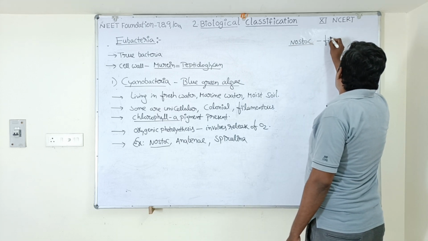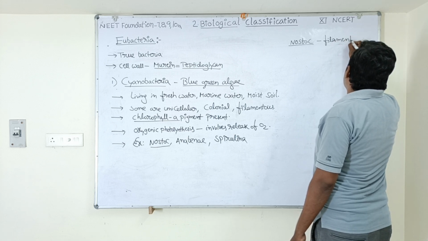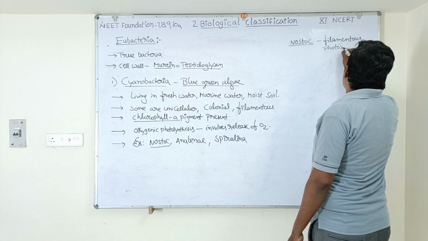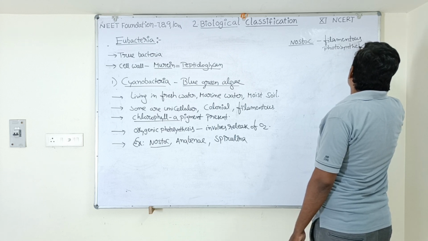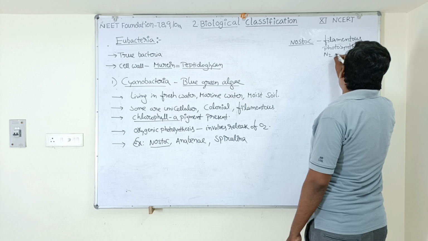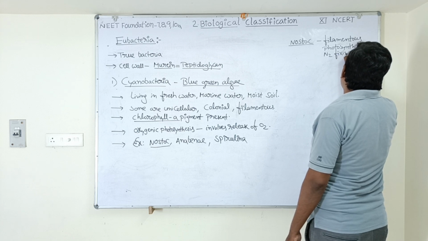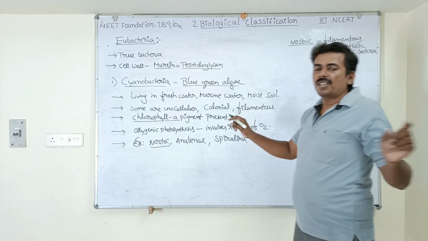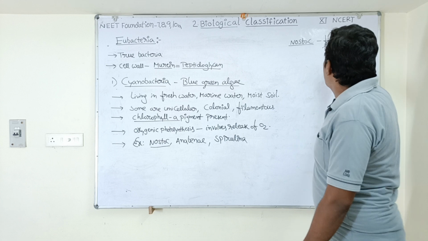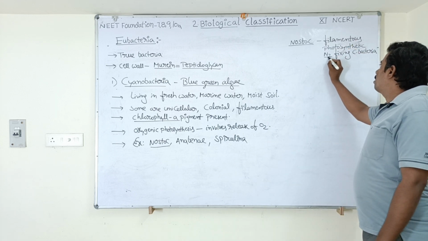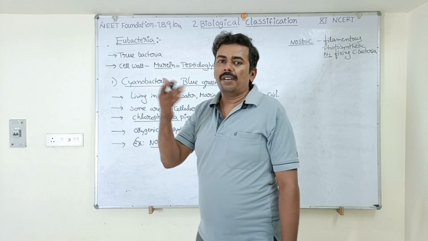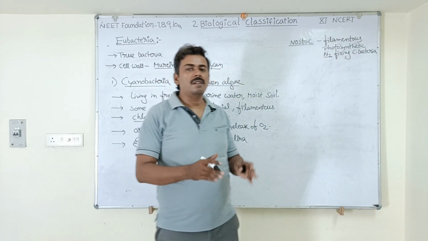Nostoc is a filamentous, photosynthetic, nitrogen-fixing cyanobacteria. So it has a filamentous shape and it is capable of carrying out photosynthesis, and also it can carry out nitrogen fixation. That means converting atmospheric nitrogen into ammonia. We call it nitrogen fixation.